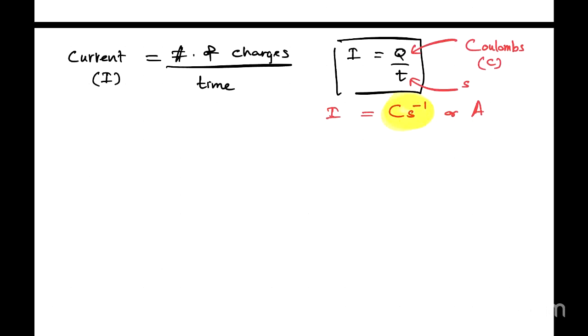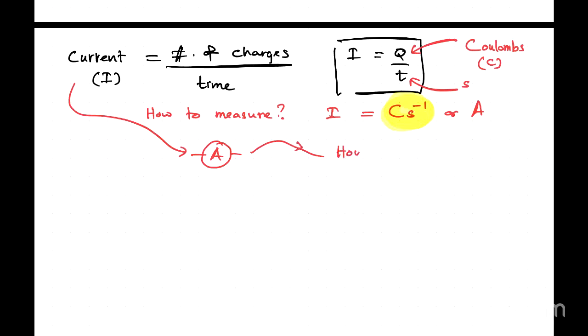Then when it comes to current, we need to know how to measure it. We use ammeters or milliammeters. And when it comes to an ammeter, you need to know how to connect it to a circuit. It is going to be in series configuration.